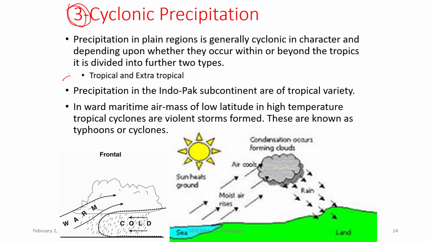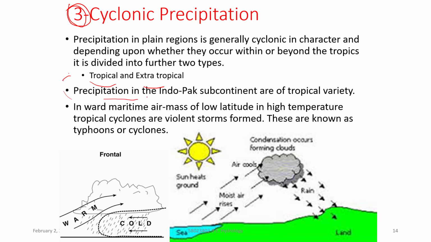Precipitation in plain regions is generally cyclonic in character, and depending upon whether it occurs within or beyond the tropics, it is divided into two types: tropical and extratropical.